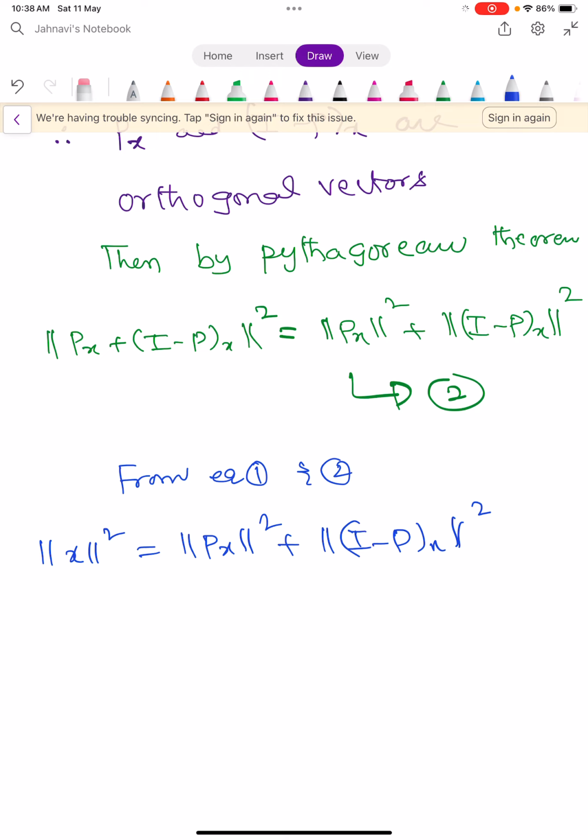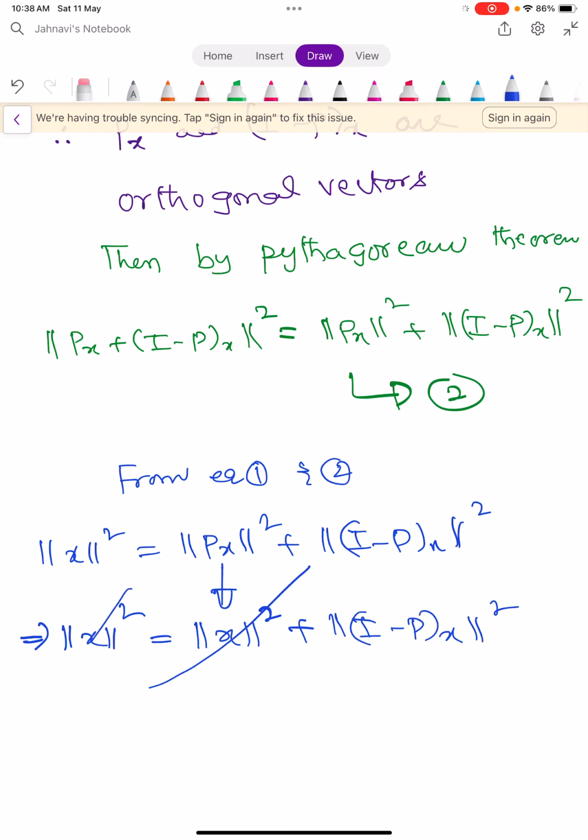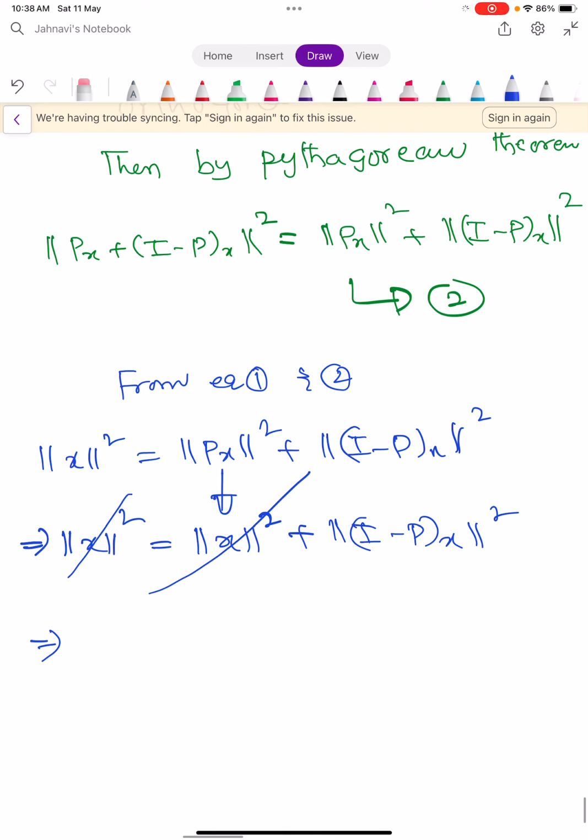Since norm Px = norm x, the norm x square terms get cancelled on both sides.